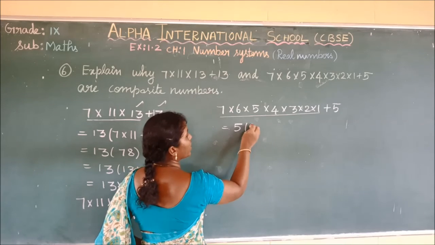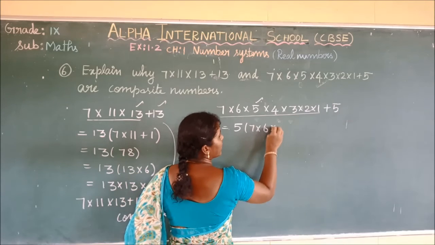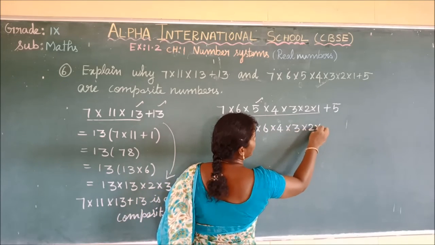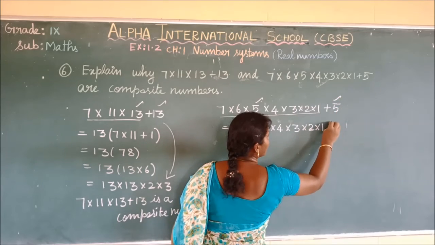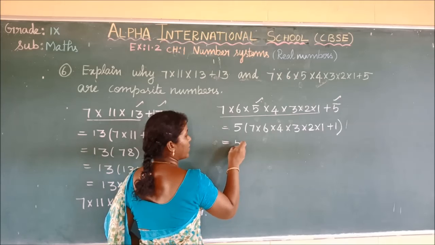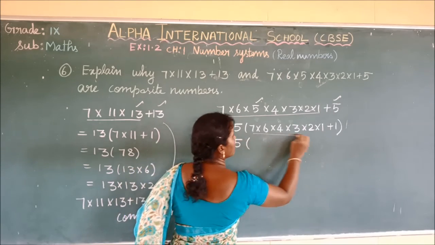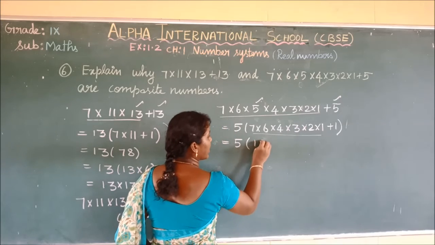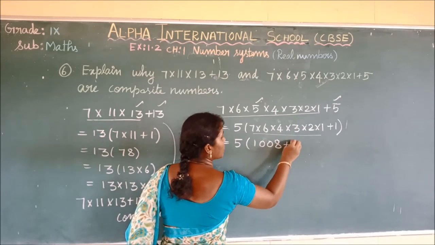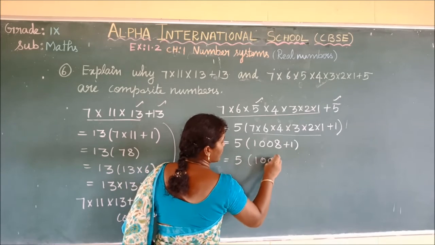If you take 5 common, we get 7 into 6 into 4 into 3 into 2 into 1, and here also I took 5, so plus 1. If I multiply this set of numbers, I will get the answer 1008, plus 1. That is 5 into 1009.